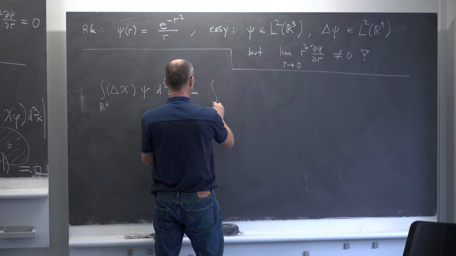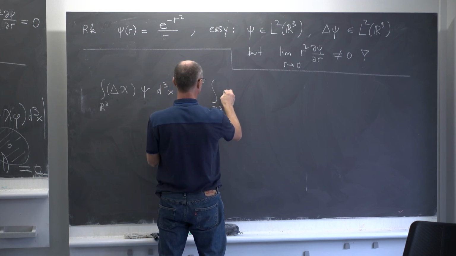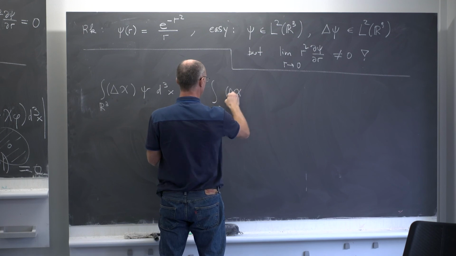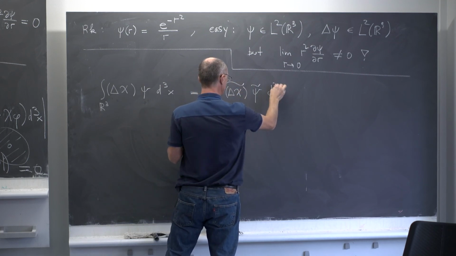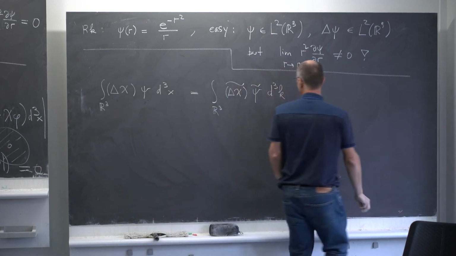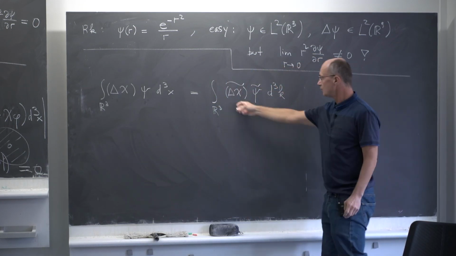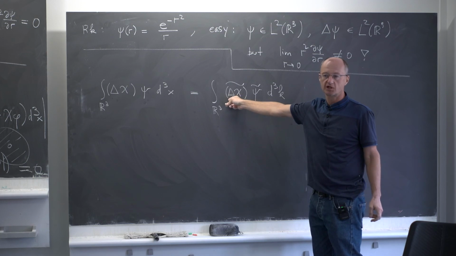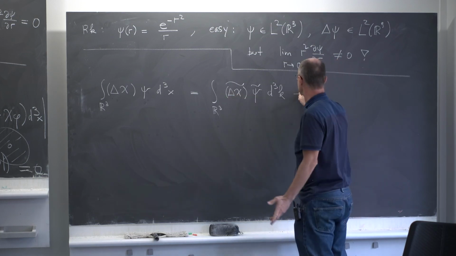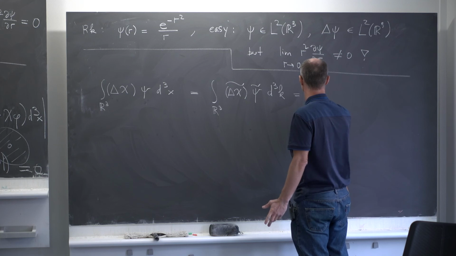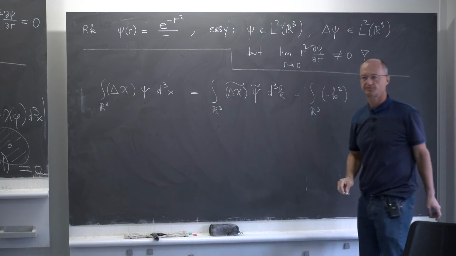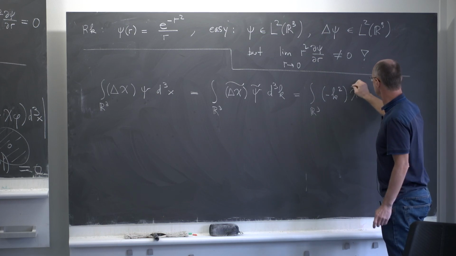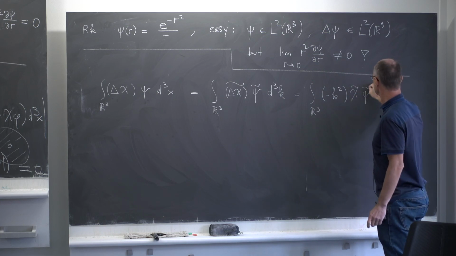So this is equal to the integral over R3 of Laplacian chi tilde times psi tilde d3k. Now Laplacian on the Fourier transform, we know what it is, right? So it is minus k squared, right?